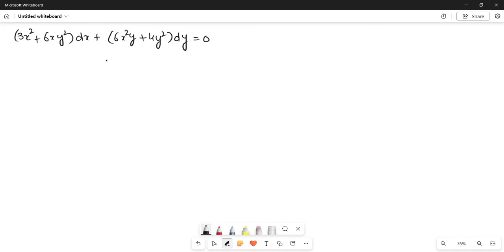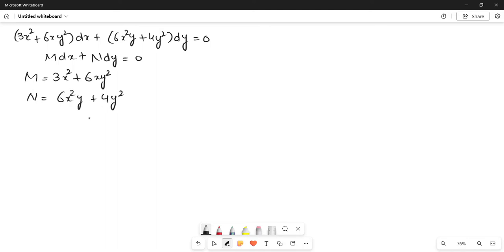Now if we compare this equation with our M dx plus N dy equals to 0, the value of M is 3x squared plus 6xy squared. Similarly, the value of N is 6x squared y plus 4y squared.